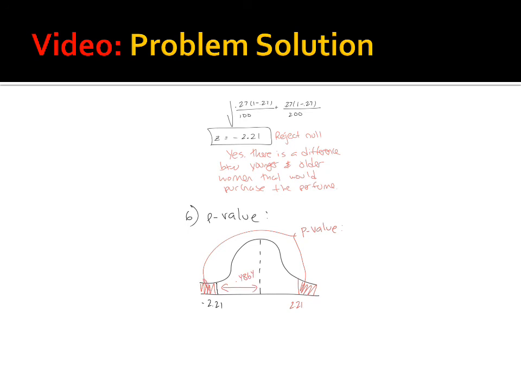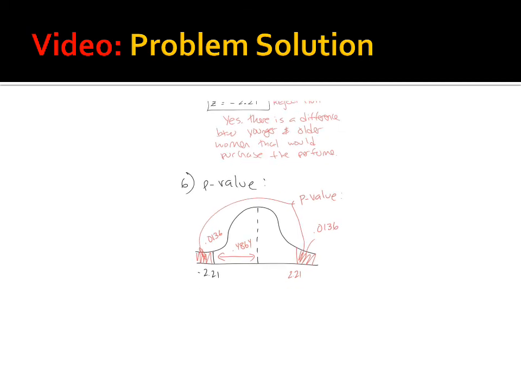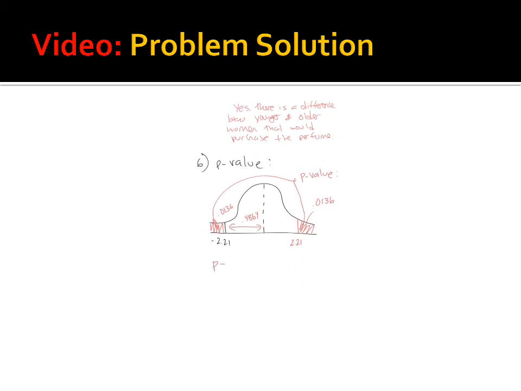And in order to get this p-value, or this region in the tail, we do 0.5 minus 0.4864, and we get 0.0136. And remember, since we have to include the other side, the p-value is going to be the sum. So in this case, the p-value is 0.0272.